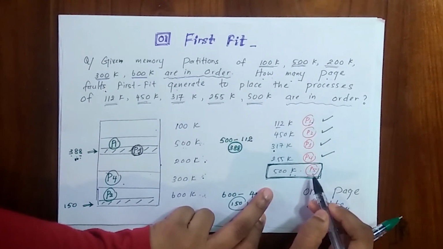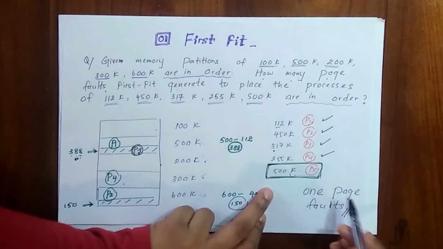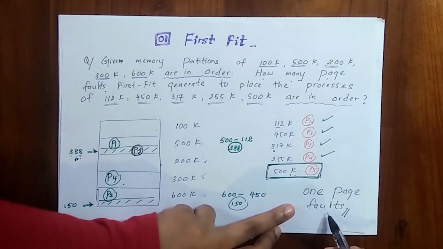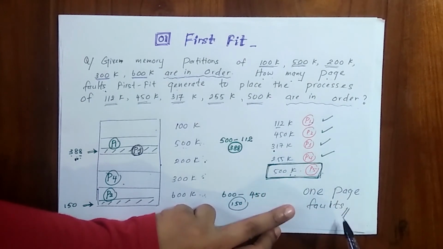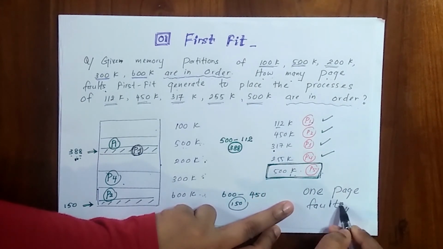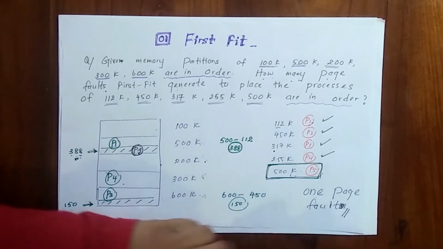So the number of processes we can't place in these partitions is the number of page faults. So when there is one process, the answer is 1 page fault.